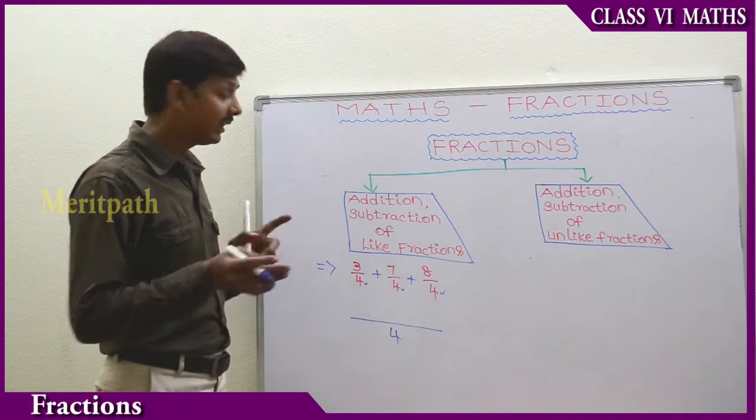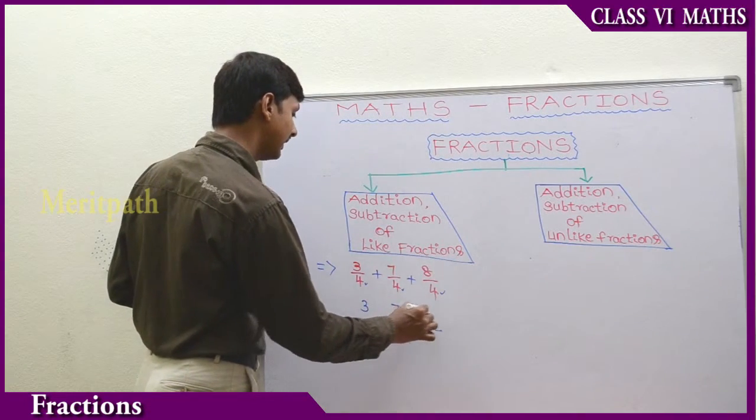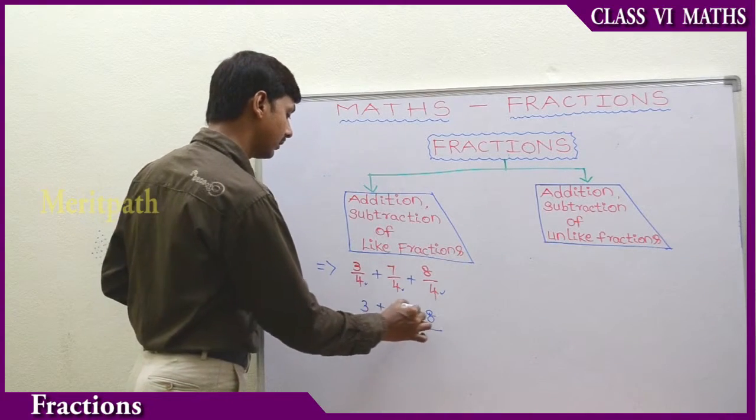Now the numerators are different, so we take all the numerators 3, 7, 8 and add them.